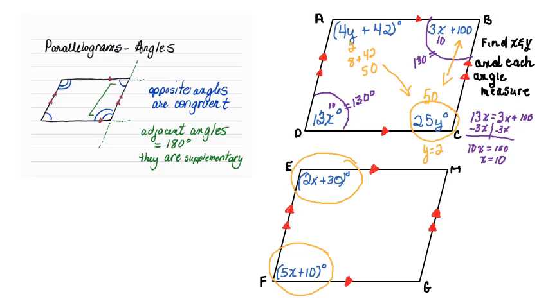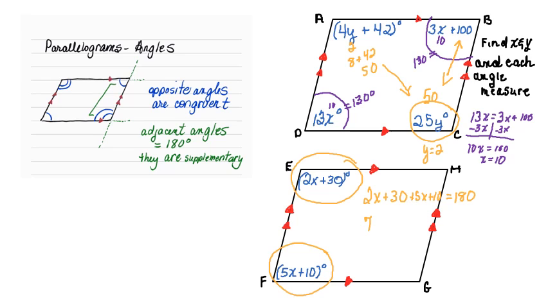I am going to add the two together because they're adjacent, one after another. I'm going to add them together. 5x plus the 10. And all that's going to equal 180 degrees.